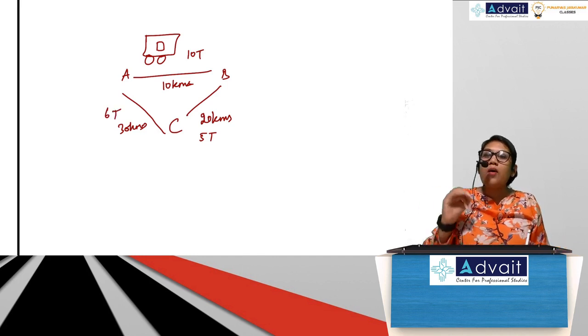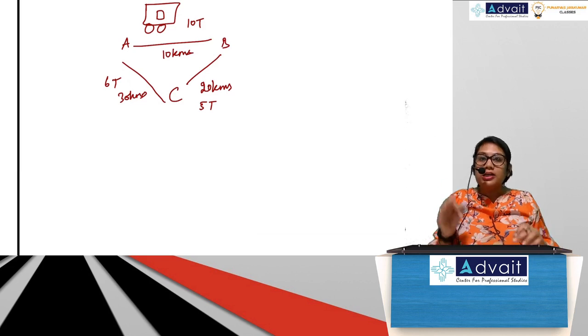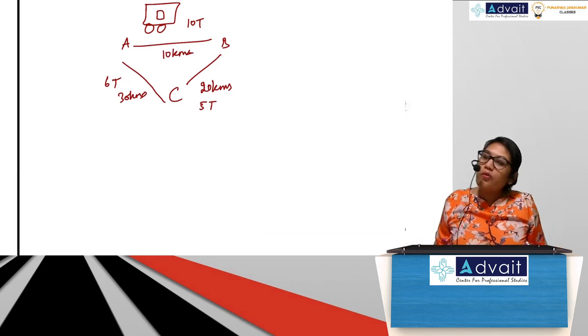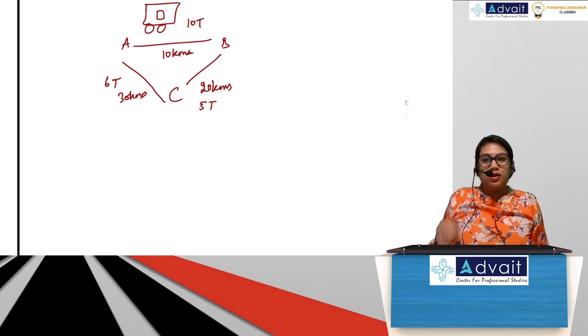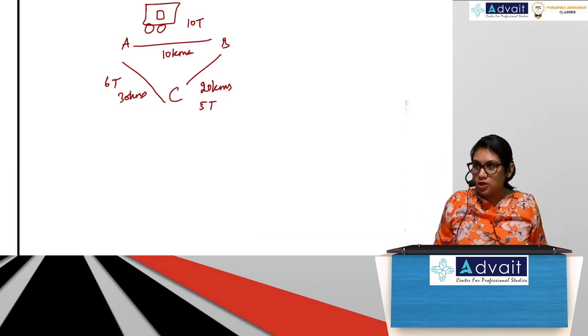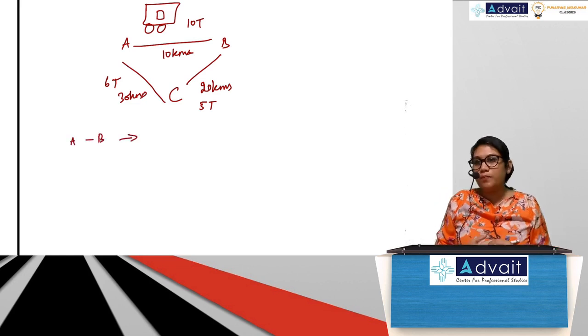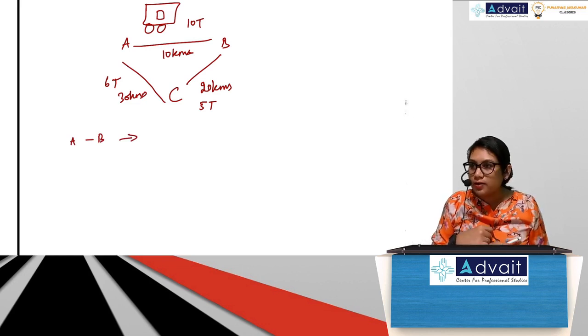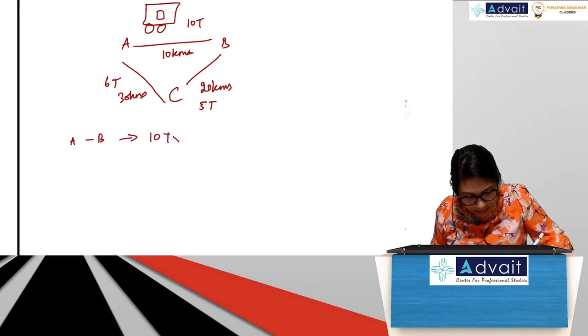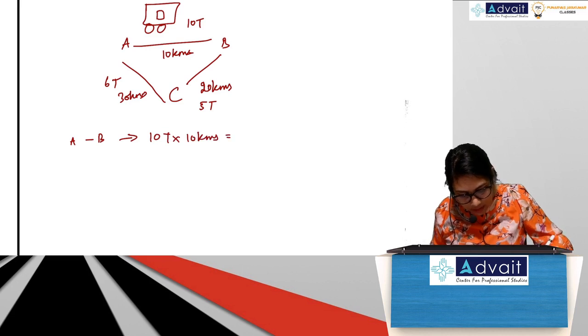Now I want you to calculate the ton kilometers. So how will you calculate? You will say, ma'am, ton kilometers will be number of tons into number of kilometers. First we will calculate between A and B. 10 tons into 10 kilometers, so 100 ton kilometers.